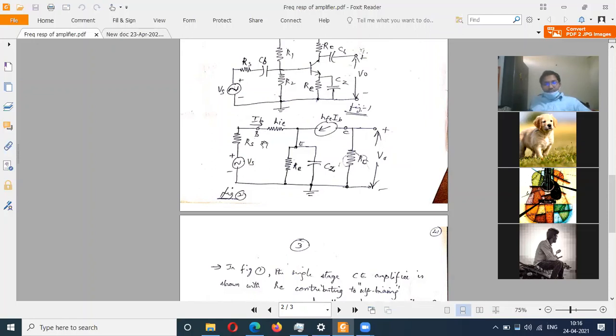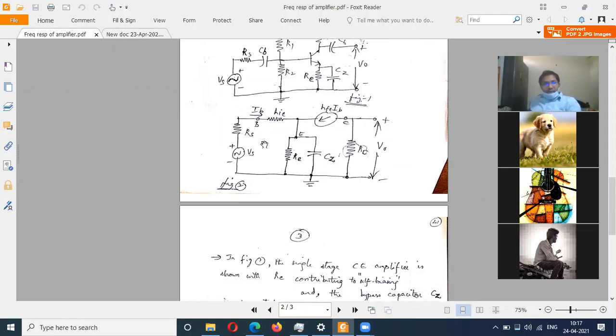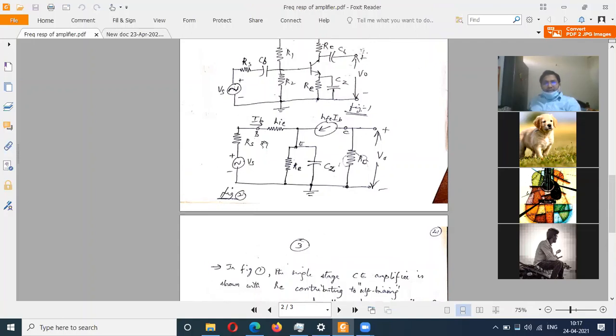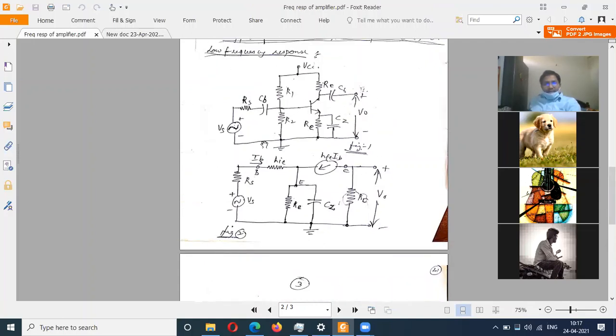So now, same old analysis. I want all the students to answer. What is V naught here in the circuit? This is RC, this is hfe IB. So what is V naught? Please answer.